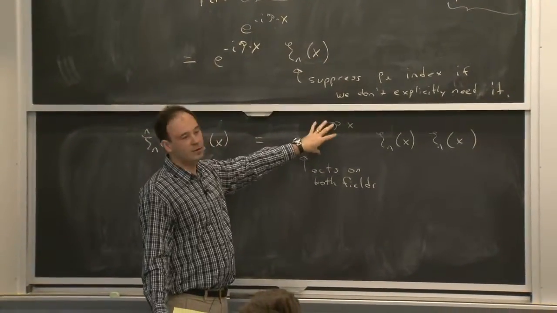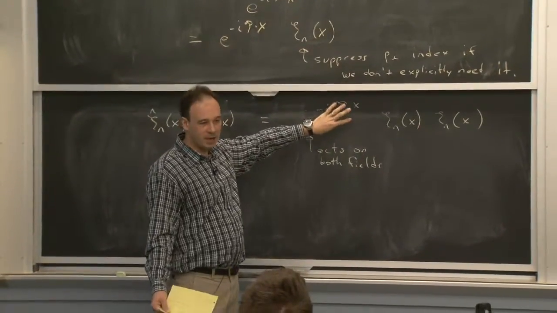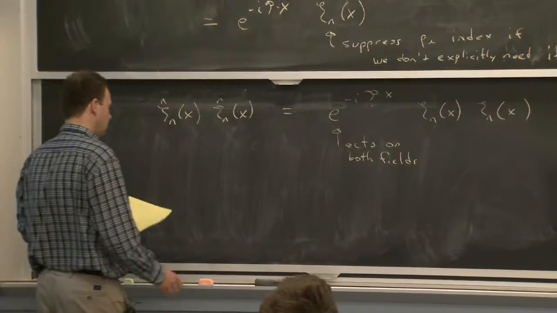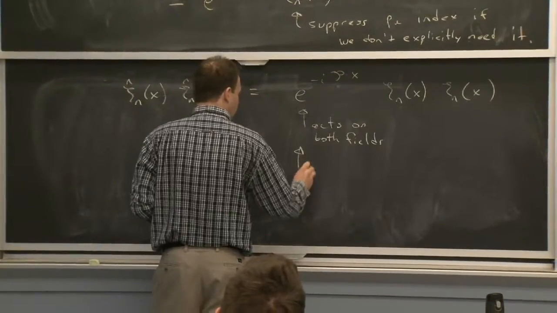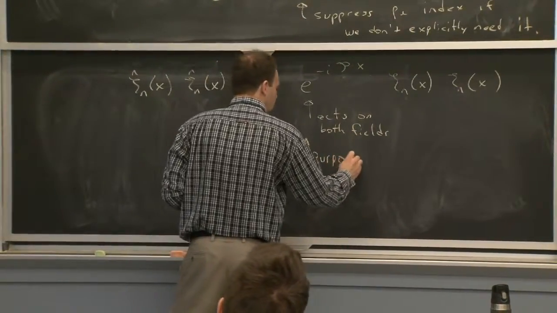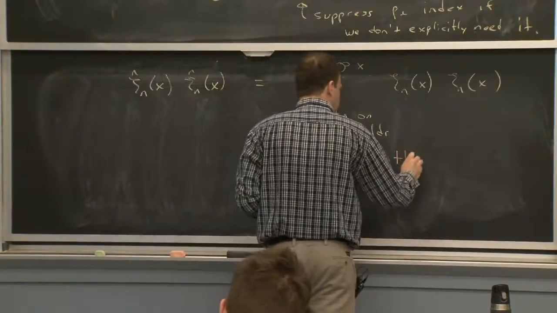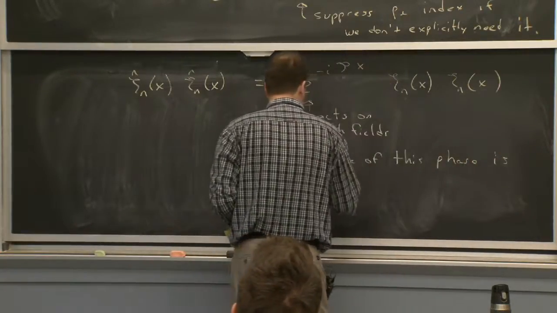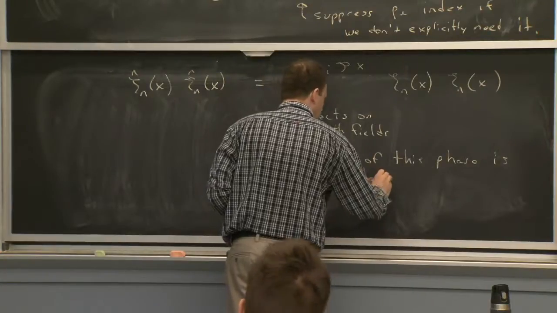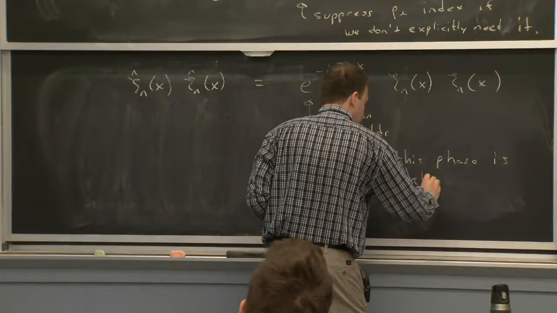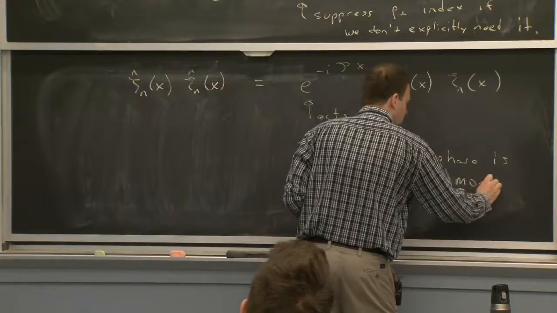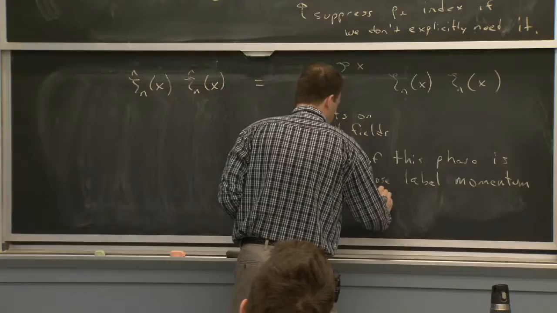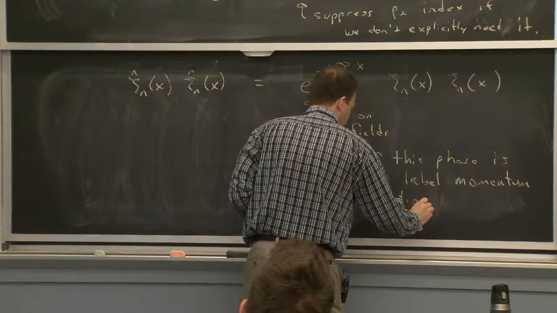So there's going to be this overall e to the minus I p dot x, and it's just sitting there to conserve momenta in the label space. That's its purpose.